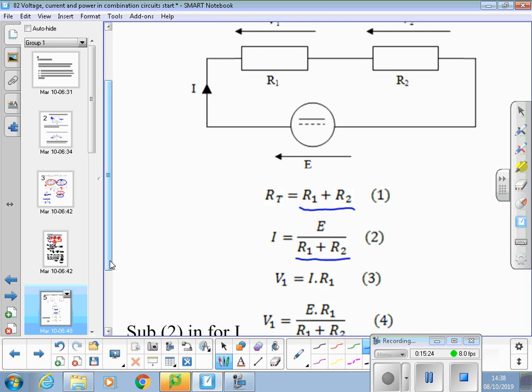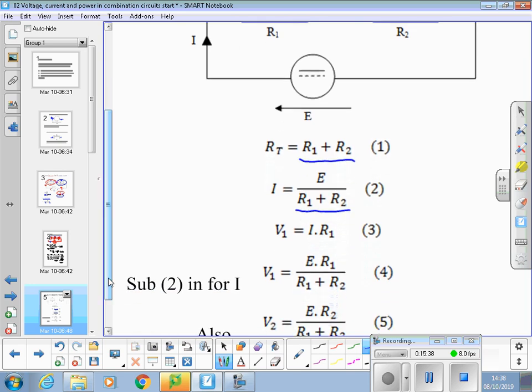In the case of V1, the volt drop across the resistor R1, we could calculate that from I times R1. If we substitute this equation into that equation for I, we get that.